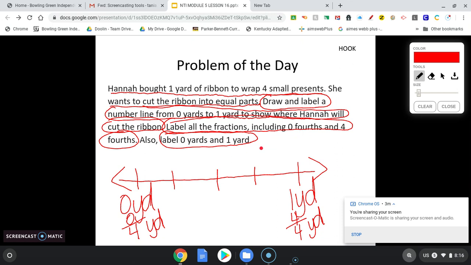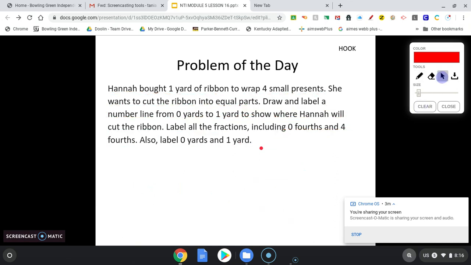So if this is 0/4, this would be 1/4, 2/4, and 3/4, and we already have those labeled as 0/4 and 4/4, and add our unit yards. Very good job. So we have just used this number line to show where Hannah will cut the ribbon. Very good job. Let's keep going.